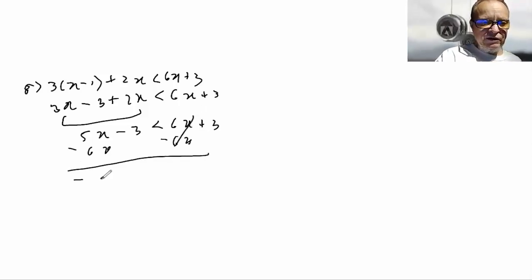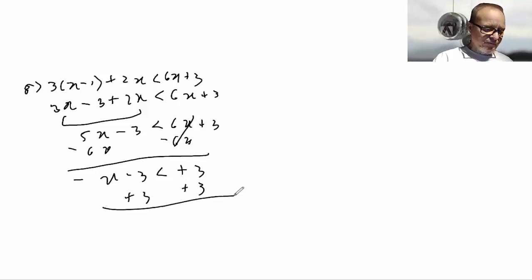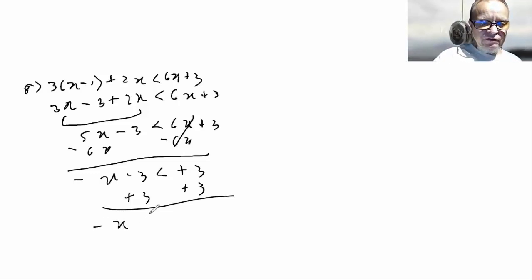And that's going to be negative x minus 3 is less than plus 3. So then we have plus 3, plus 3. And that leaves us with negative x is less than plus 6.